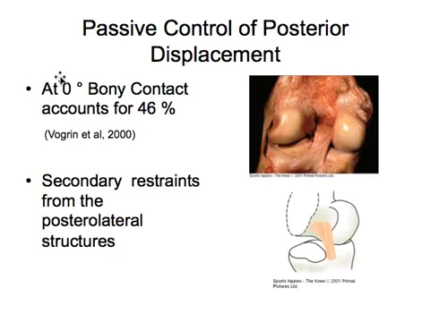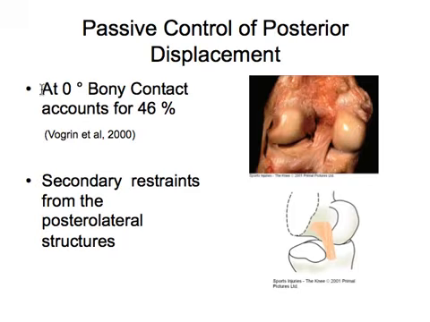So now let's shift to passive control of posterior displacement. This is mostly a function of the PCL, which is shown here on the posterior aspect of the joint.